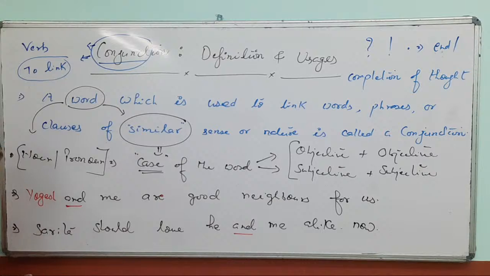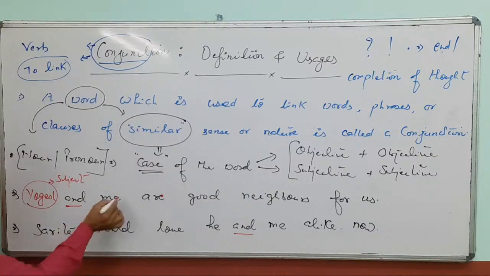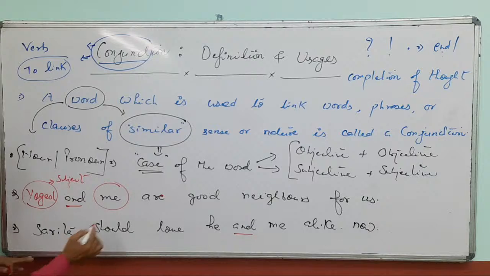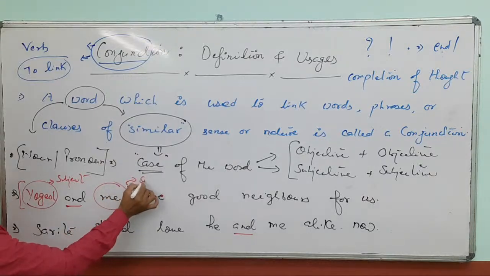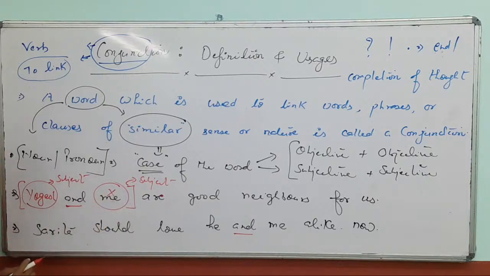Okay, let's see. This is actually the place of a subject. The noun has no different form for subject and object, but a pronoun has. Me is a pronoun here. So we have to realize what the position of this me is. It is the position of a subject. So this me should take the subjective case.